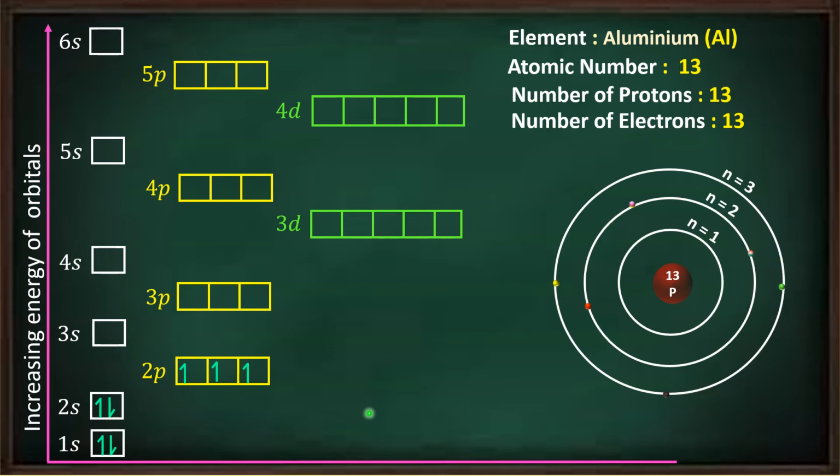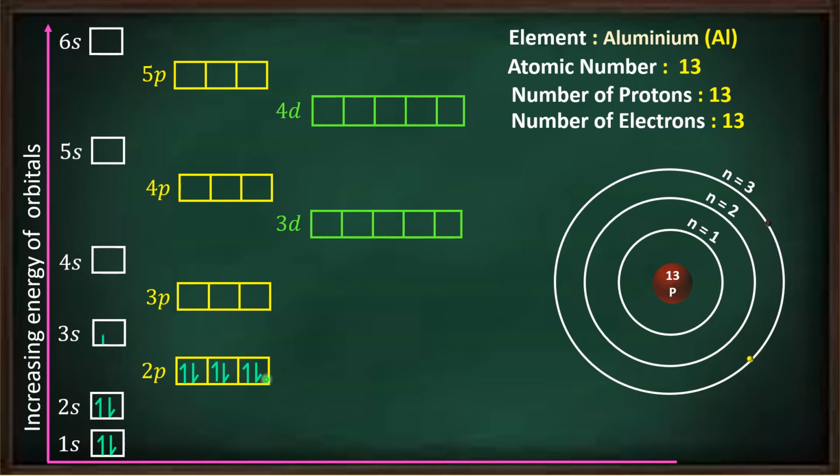So 8th electron pairs up with this electron, isn't it? Next, ninth electron pairs up with this electron and 10th electron pairs up with this electron. So totally 10 electrons have been filled. Next, once 2p orbital is completely filled, electrons enter into 3s orbital.